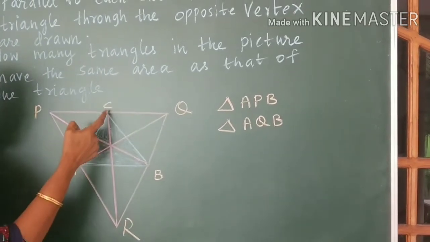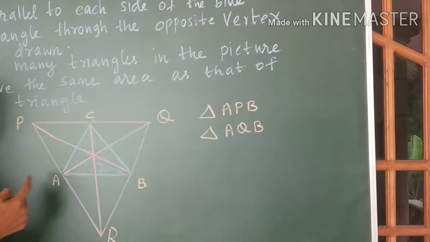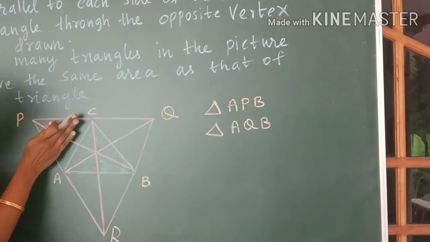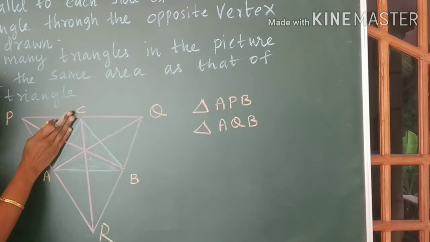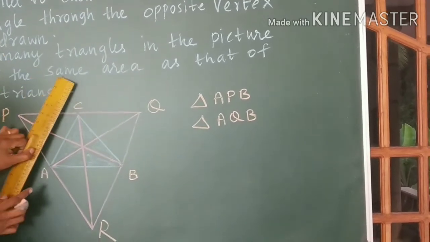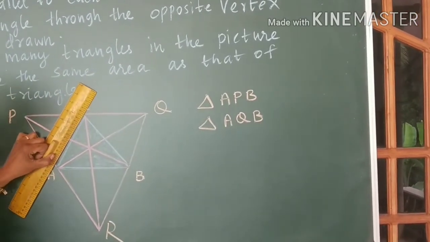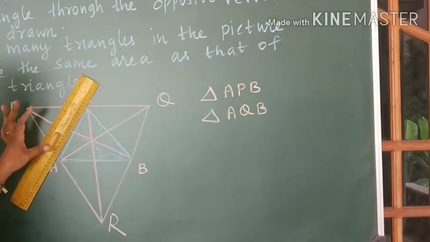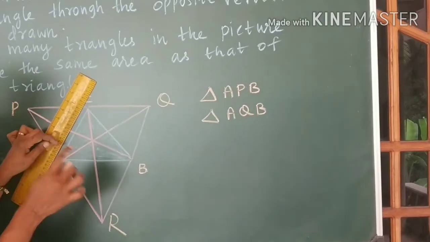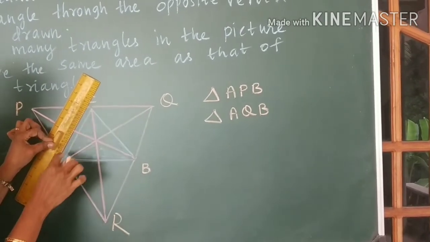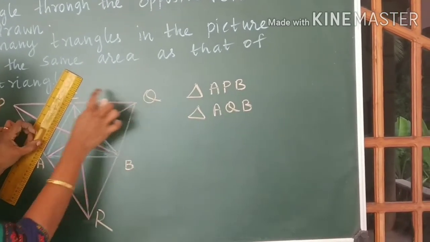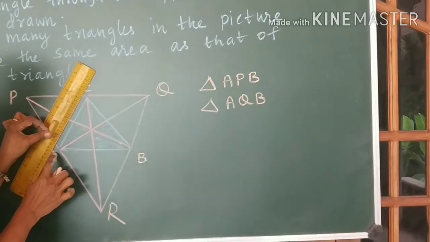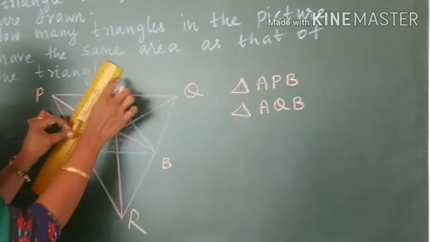Now take the base as AC. See here, AC is the base. With AC as the base, you have again two triangles. That is AQC, ARC.